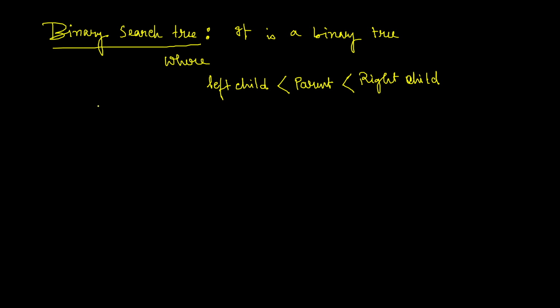So what is the left child? Obviously, if this is a parent, the child on this side is called the left child, and on this side we have the right child.